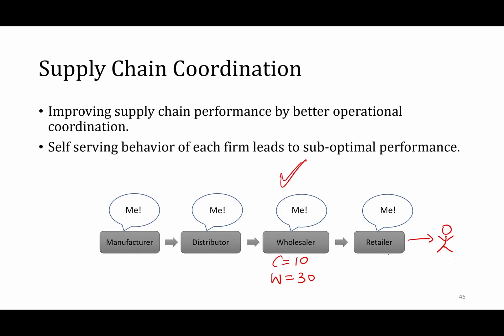Then your wholesale price becomes the cost for the retailer, right? Because they pay you $30, and then they decide to sell that for $60. Okay, let's take the zeros off.